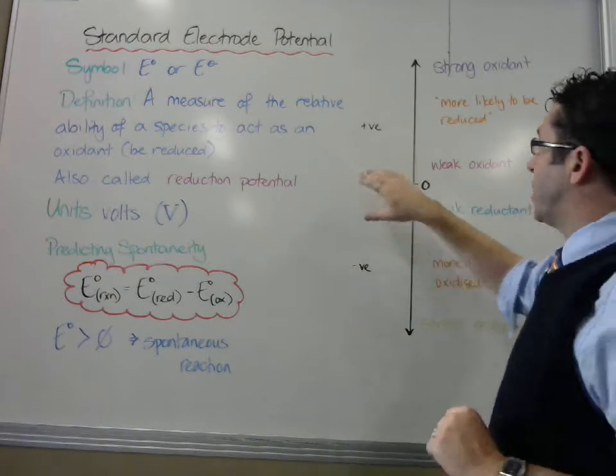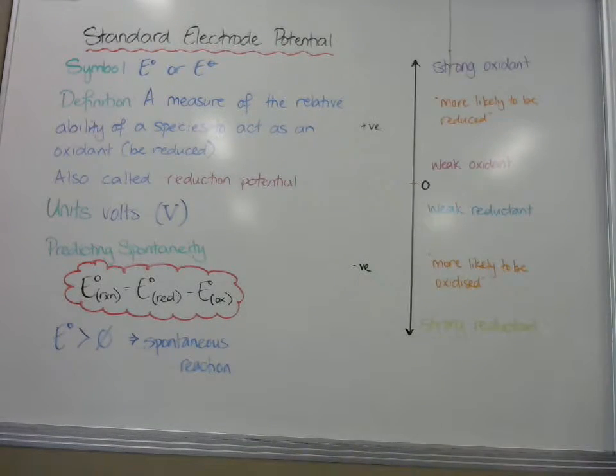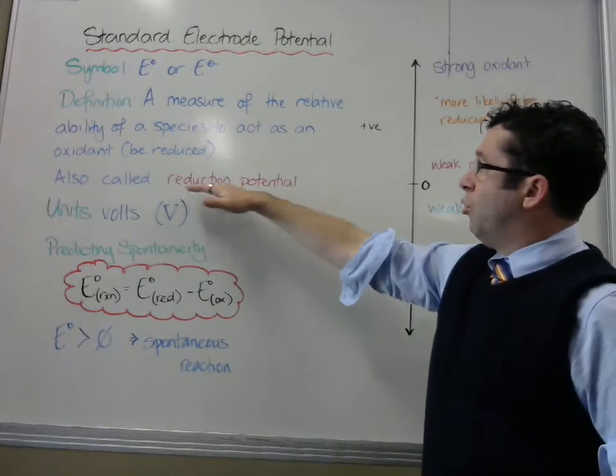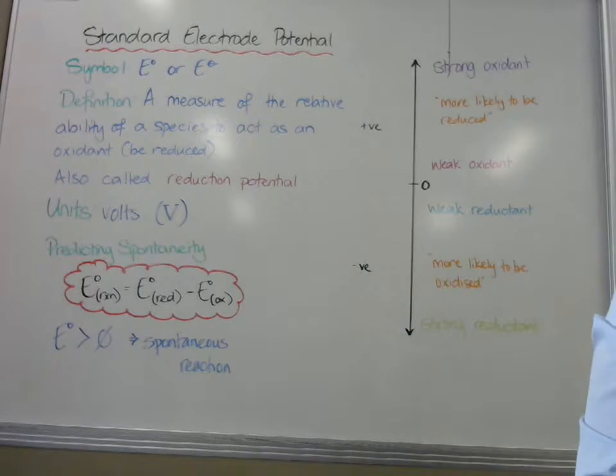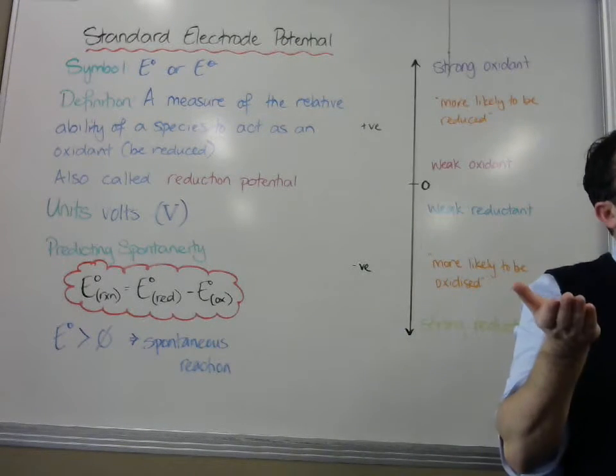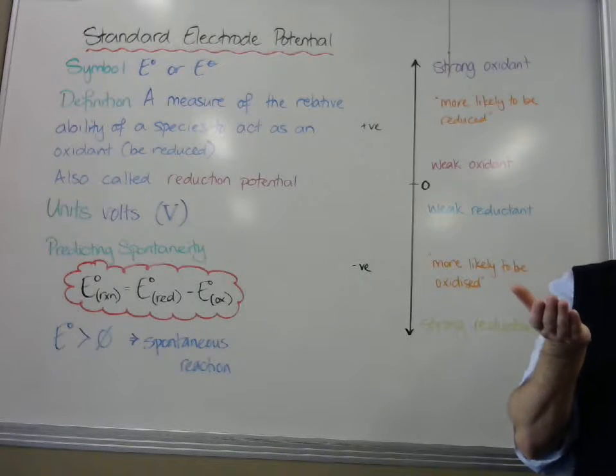Because this tells us how strong an oxidant something is, there's another word that chemists commonly use for this, which I actually think makes more sense than electrode potential. That's more a physicsy type term. Chemists will often call it reduction potential, which I think makes sense. If it's got a big number, it's got more potential to undergo reduction.